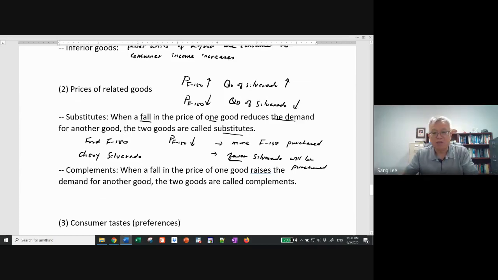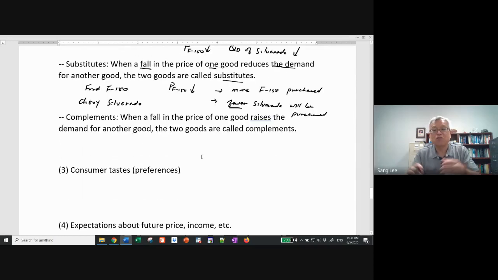Now, what are complements? Two goods are not competing against each other. Actually, two goods are often consumed together. That's why they are complements.